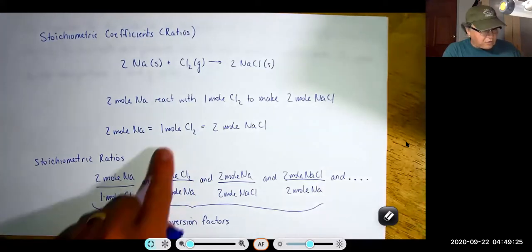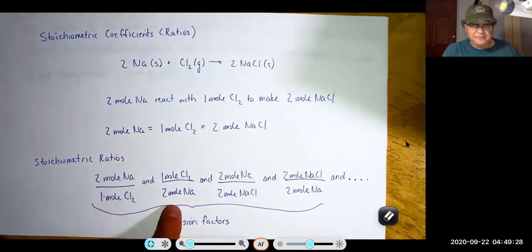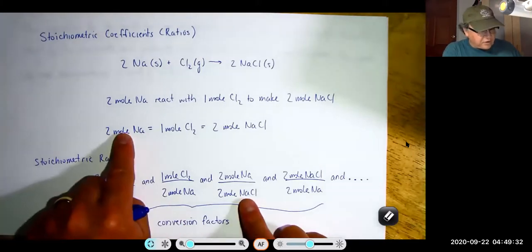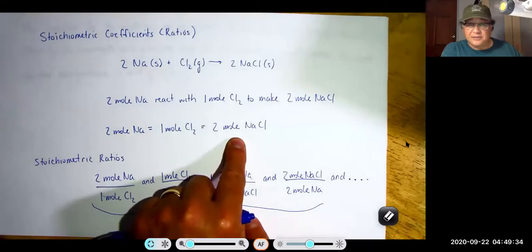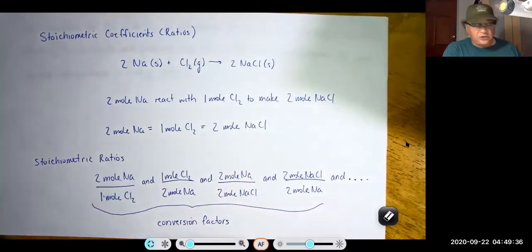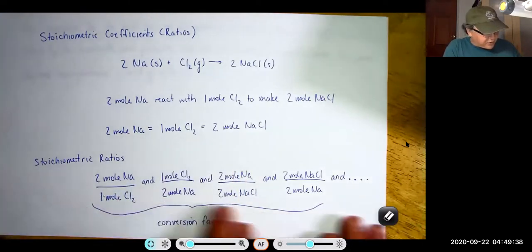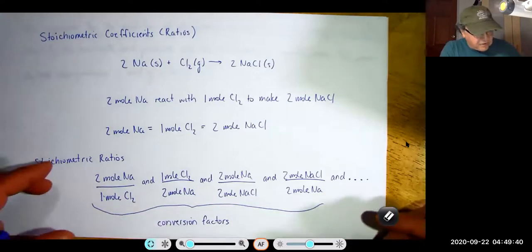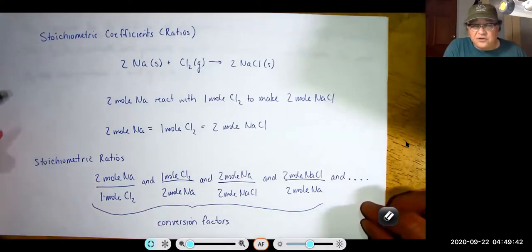Or I can write 1 mole of chlorine over 2 mole of sodium. Or I can write 2 mole of sodium to 2 mole of sodium chloride. I can skip the chlorine altogether. So we can get these stoichiometric ratios, which are conversion factors, which we'll find very useful later, okay?